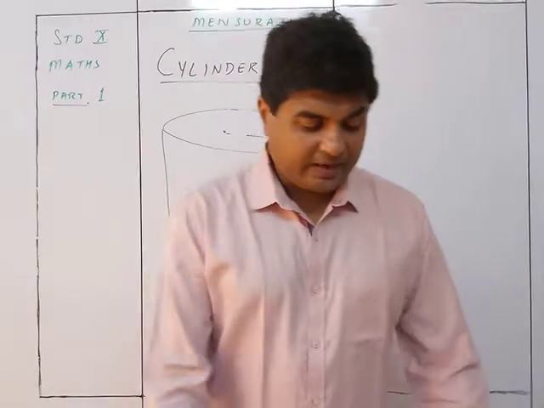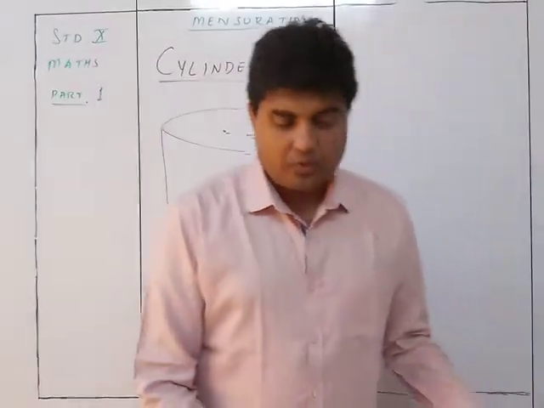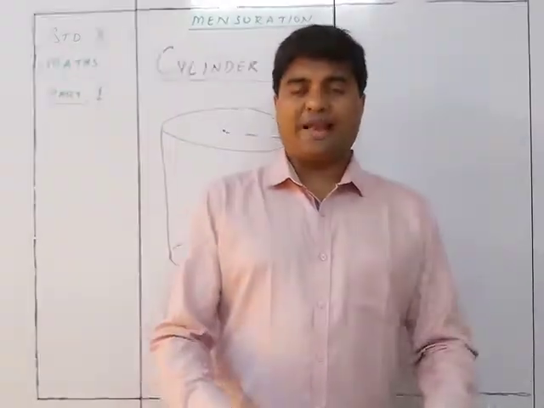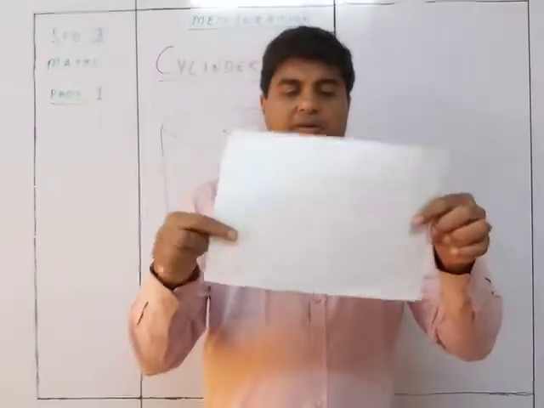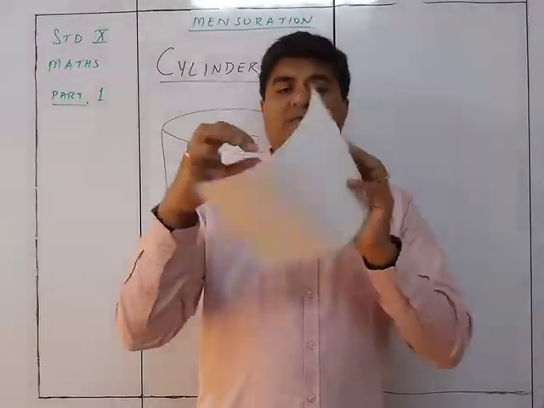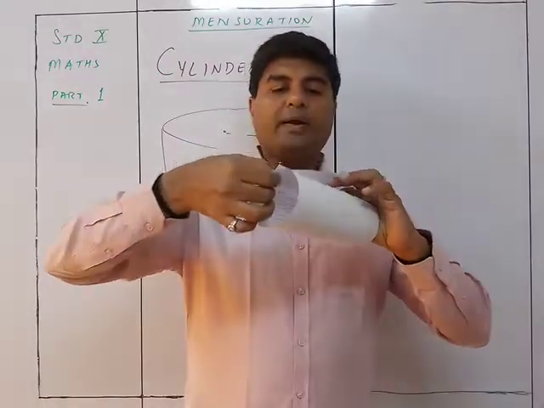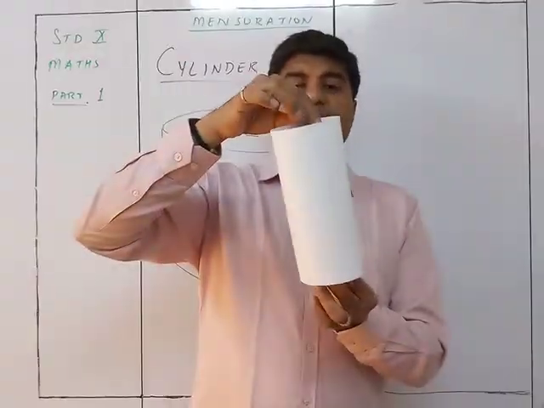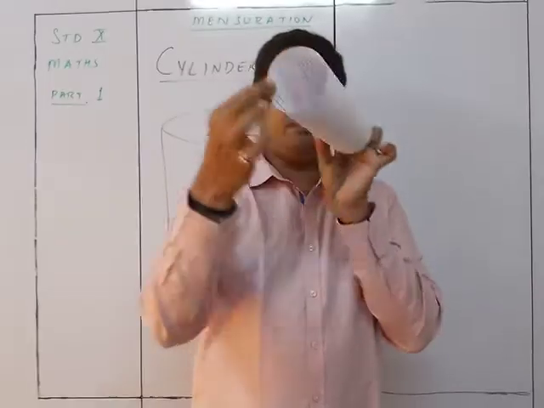Now a cylinder can be prepared from a rectangle. If I take this rectangle and make it like this, then what is formed is a cylinder. You can see this is a cylinder, a pipe.